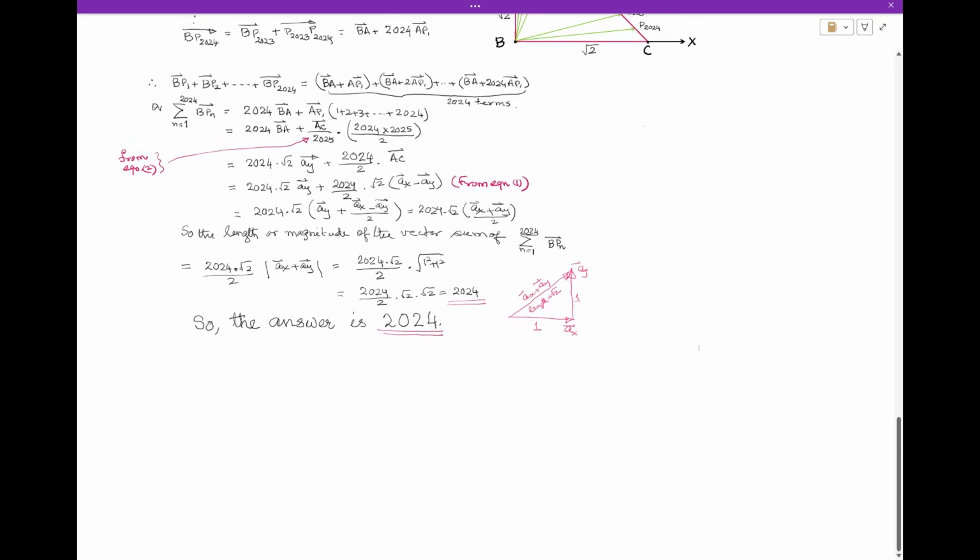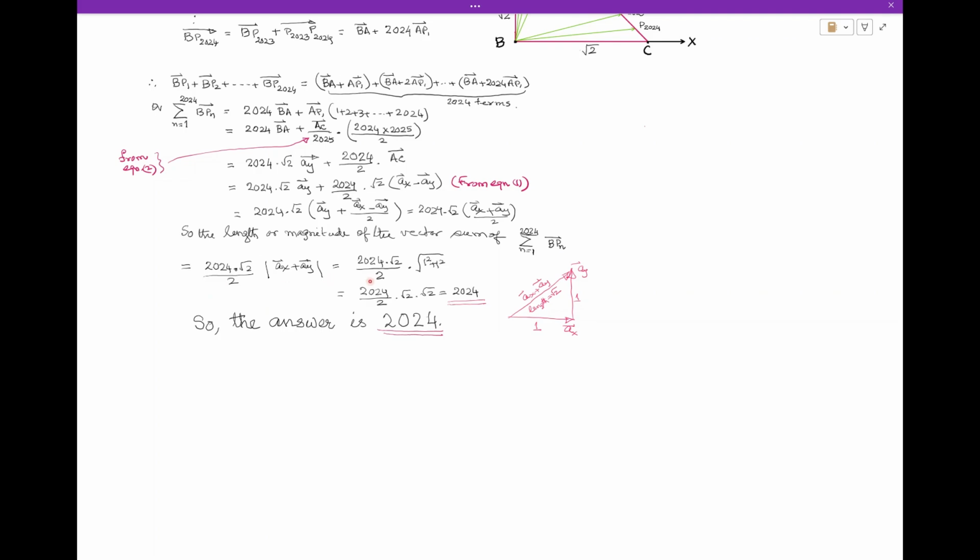So, the length or magnitude of the sum vector is 2024 multiplied by root 2 divided by 2 multiplied by the magnitude of AX plus AY vectors.